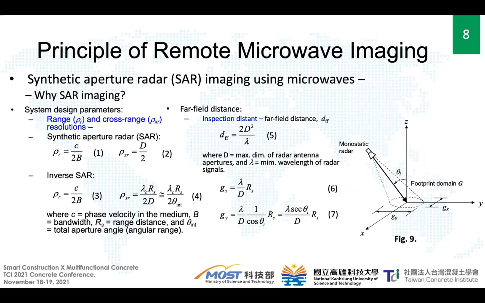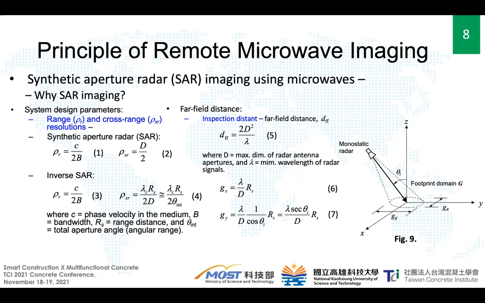SAR imaging can also provide quantitative results. The resolution and the footprint can be calculated from theoretical calculations. So equations 1 to 7 give us ideas about what kind of distance to use with SAR imaging and what kind of resolution can be achieved.